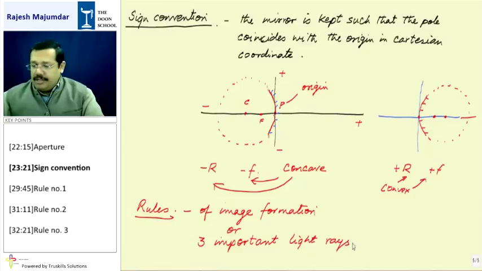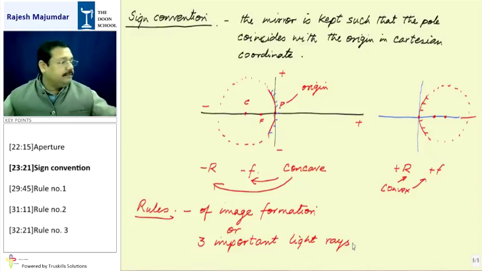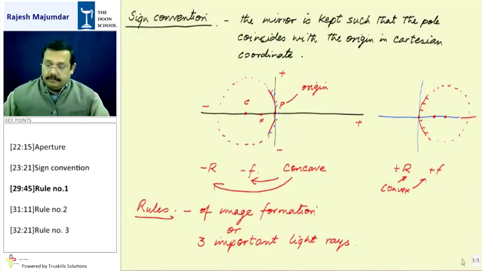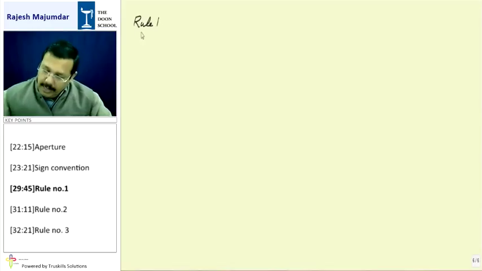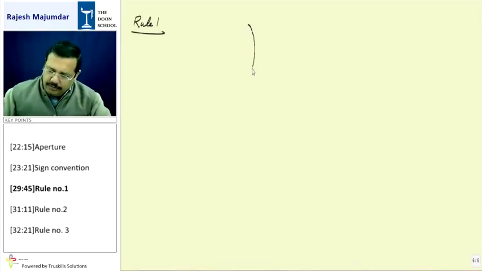And we are going to talk about these 3 important light rays. Pay attention. Number 1 rule. Rule 1. In rule 1, we are taking only one mirror, that is concave mirror, but the rules are true for both the mirrors.